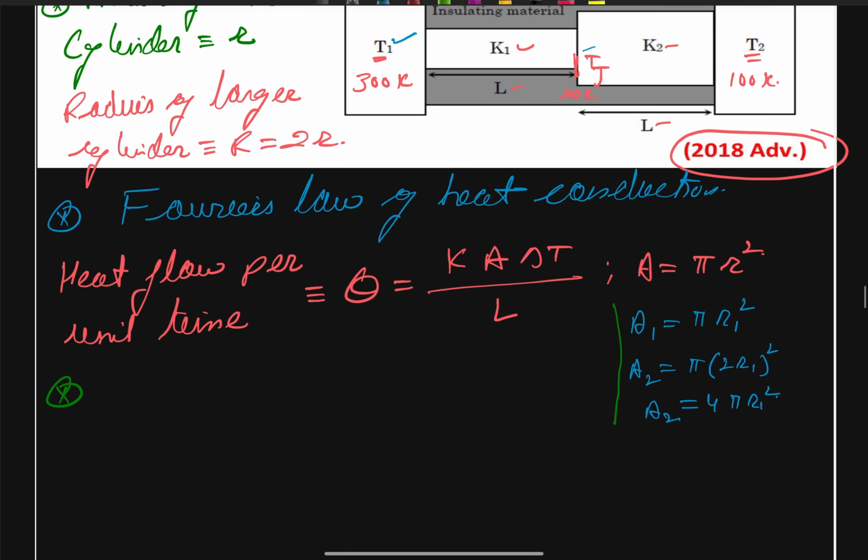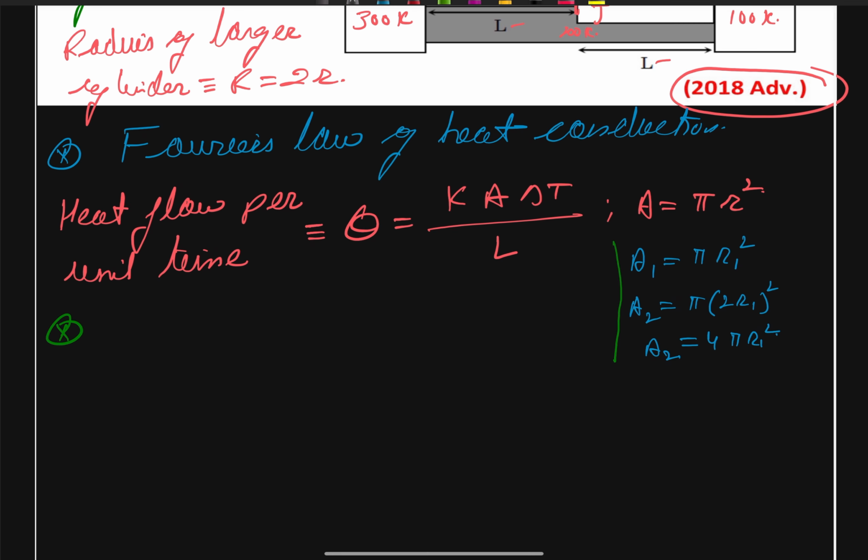So let us consider first of all our smaller cylinder. For the smaller cylinder, we know that our T1 is 300 and our junction is 200 Kelvin.